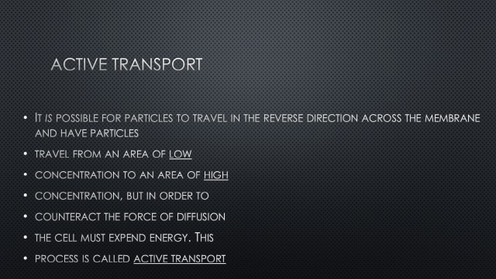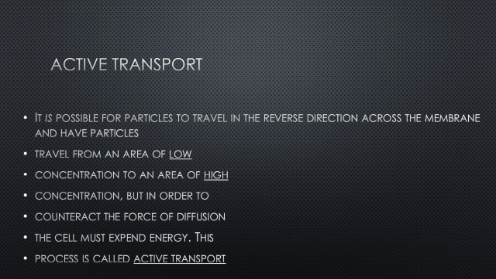Active transport. Active transport is the movement of molecules from an area of lower concentration to an area of higher concentration, meaning against the concentration gradient, and it requires energy in the form of ATP. It is possible for particles to travel in the reverse direction across the membrane, from an area of low concentration to an area of higher concentration.